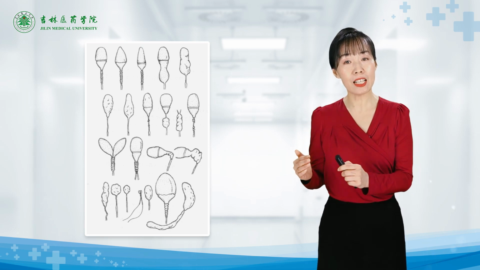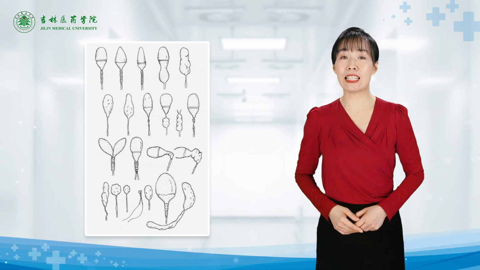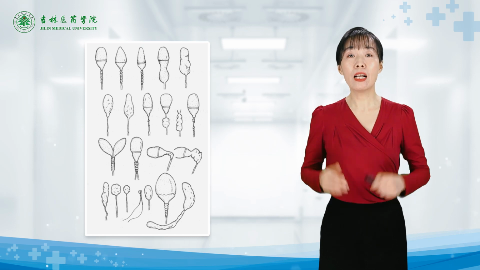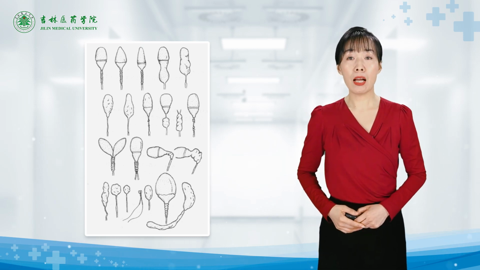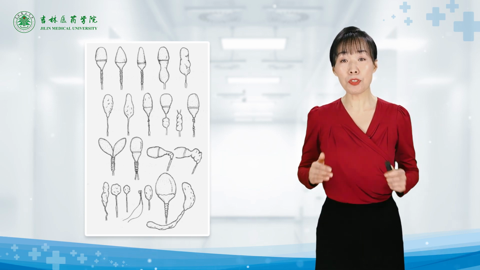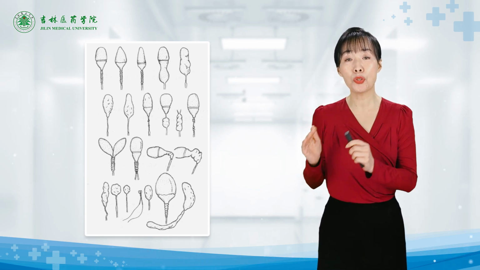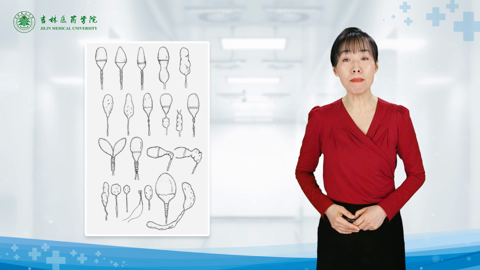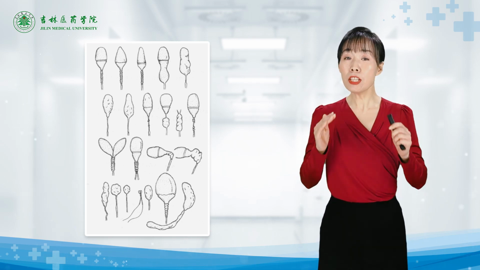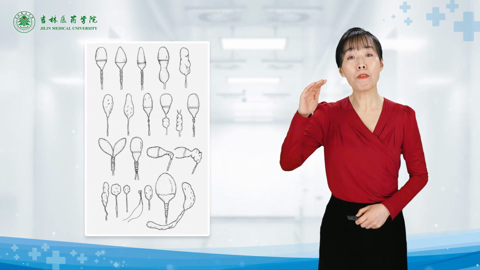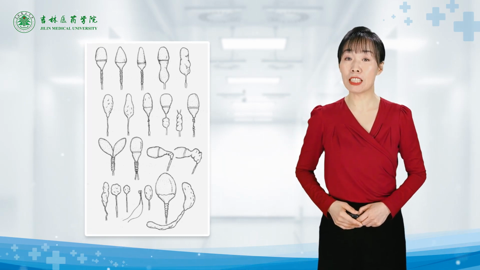During the process of spermatogenesis and spermiogenesis, some malformed sperm are usually formed. Malformed sperm accounts for 20% to 40% in the semen of males with normal fertility. If the number is above 40%, infertility can be caused. These are normal sperm.